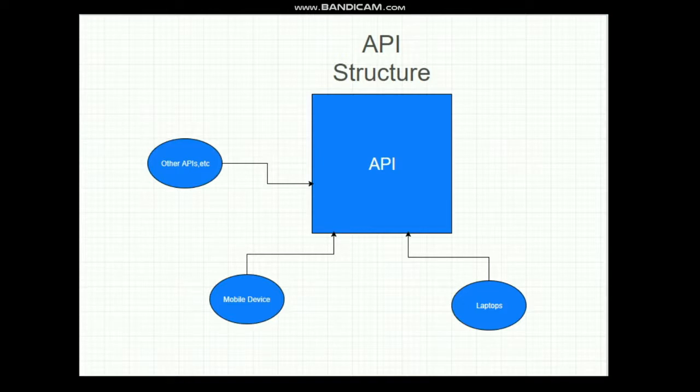That's where it normally thrives the best. And I think that's the only place where it could be implemented. Your mobile devices, your laptops, and other APIs would actually query your API for requests such as maybe they want a bunch of names from the database, or they want you to give them a URL, or they want to save something, or whatever.